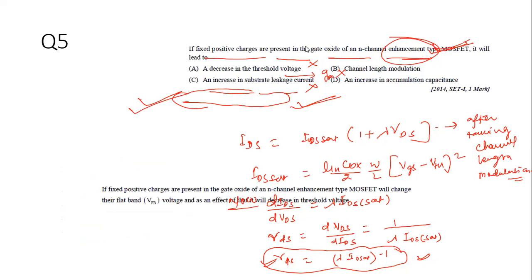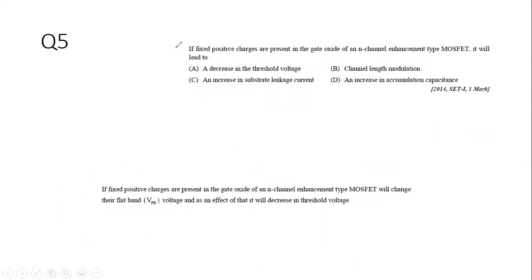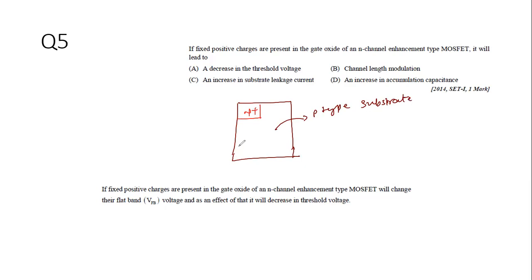Now question number 5. If fixed positive charge is present in the gate oxide of an N-channel enhancement type MOSFET, it will lead to what? Let's say this is your P-type substrate. For this P-type substrate, it is doped with N plus, which forms the channel.